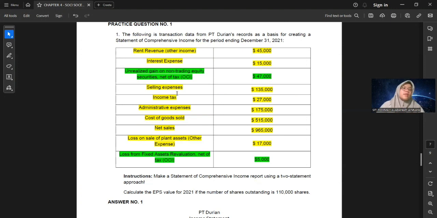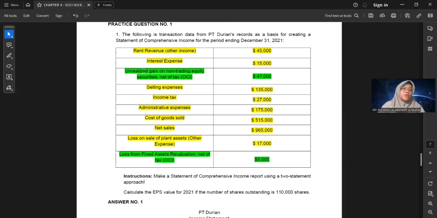So first we have to analyze which accounts are included in the income statement and which accounts are included in the statement of comprehensive income, which here I have marked in green as being in the comprehensive income category, meaning this will be included in the statement of comprehensive income. The rest is included in the income statement.